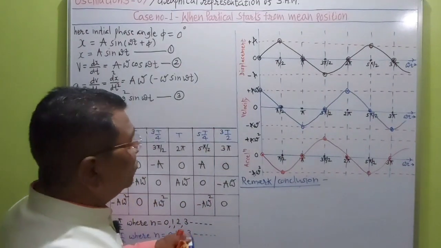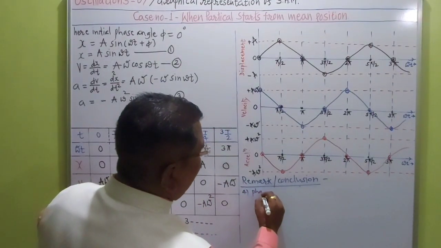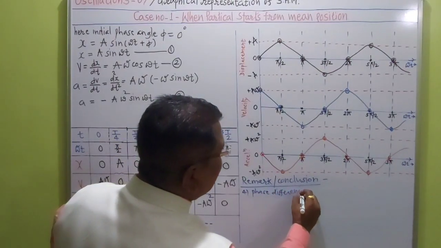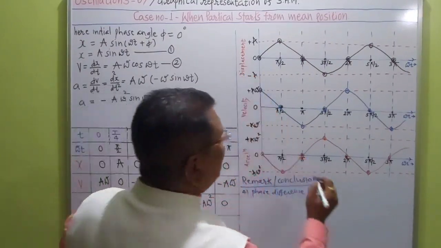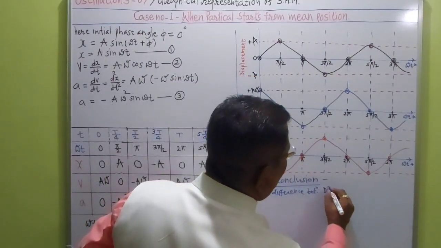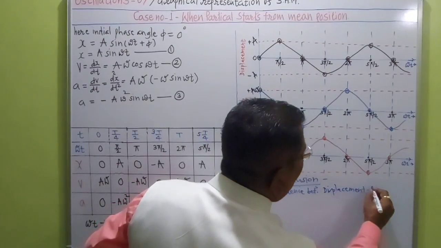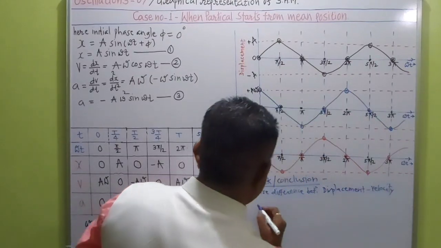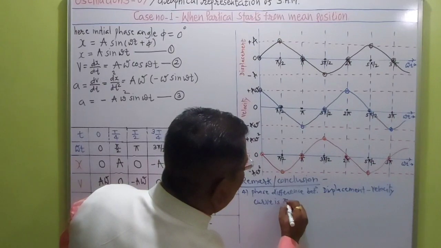See here, conclusion number 4. Phase difference between displacement velocity curve is pi by 2.